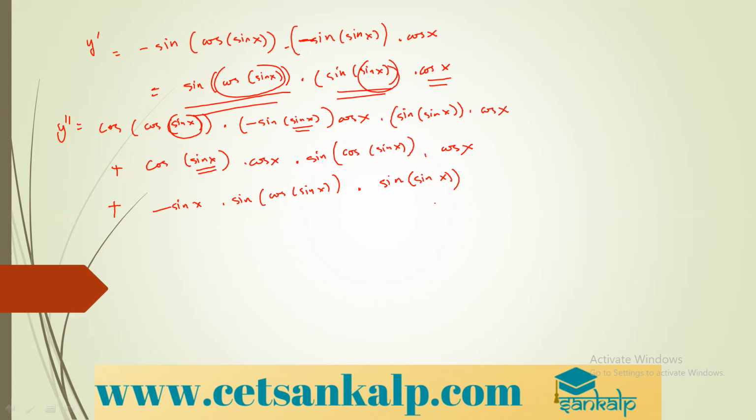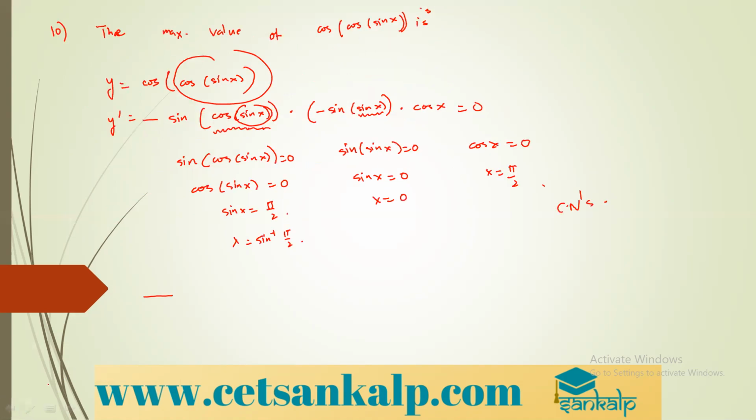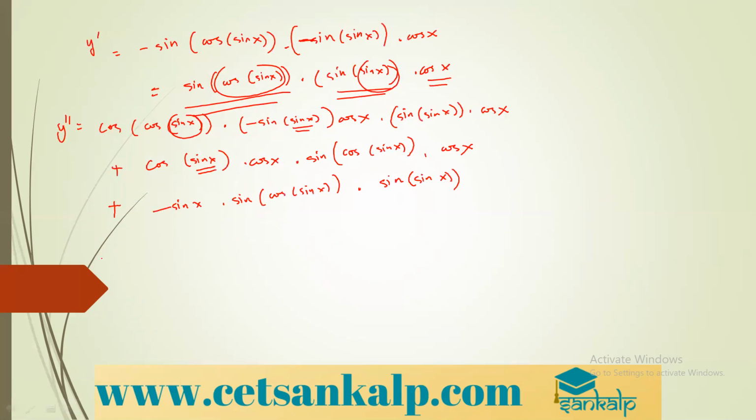Now in this, what are the critical numbers we got? 0 and pi over 2 I have to put. So first is 0 I will put. So sine 0 is 0, cos 0 is 1. So I have cos 1.